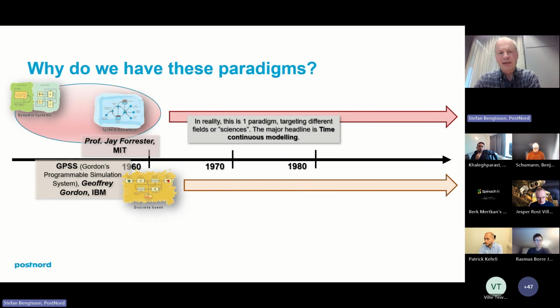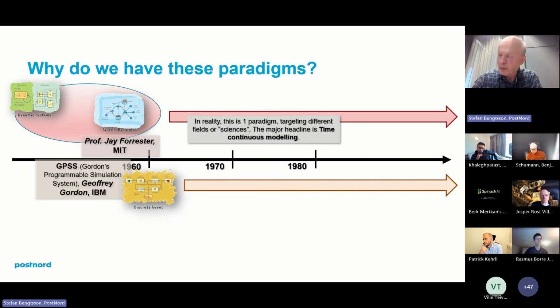Then we have discrete event modeling. It popped up a few years later, to my understanding, and it popped up related to IBM. Geoffrey Gordon is considered to be the father of discrete event modeling, or really the programming language called GPSS.